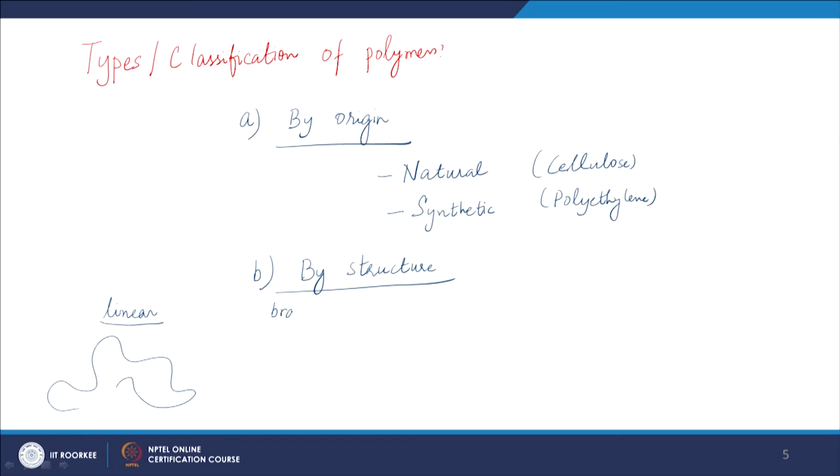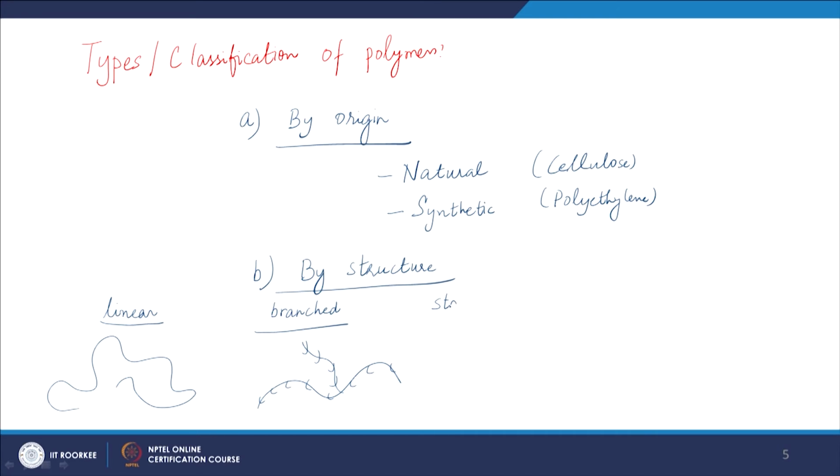But in reality there is the possibility of branching, where you can have a main chain and then a side chain. Okay. So, this contains carbons and these also contain carbons. So, there are two different chains connected together forming a branch.